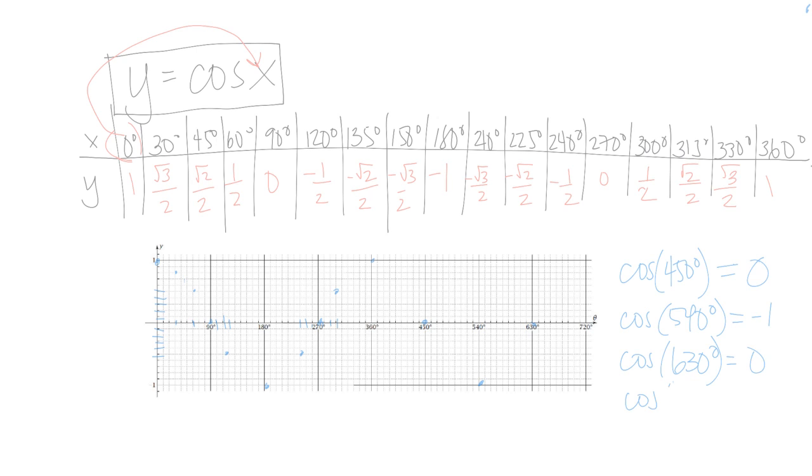And then cosine of 720 is coterminal with cosine of 360, or cosine of 0, so that's going to equal 1. So back up here. So again, we have a very similar shape to the sine parent graph, but there are some differences, and we're going to talk about the differences in the next page.